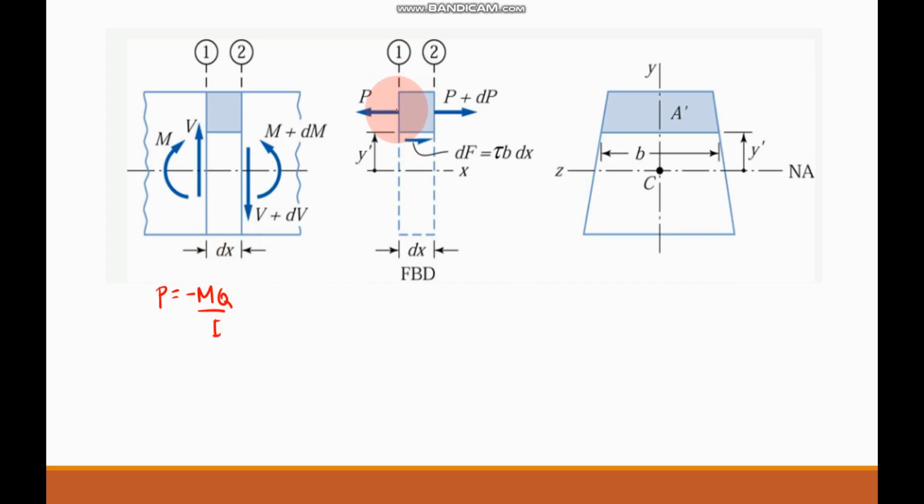So, considering the normal force acting on phase 2, we have P plus the differential P minus P is equal to negative.